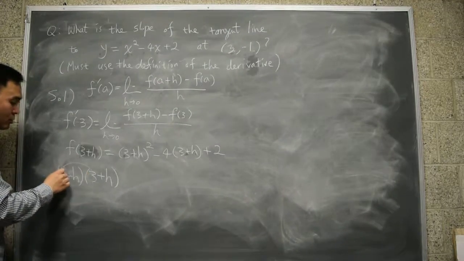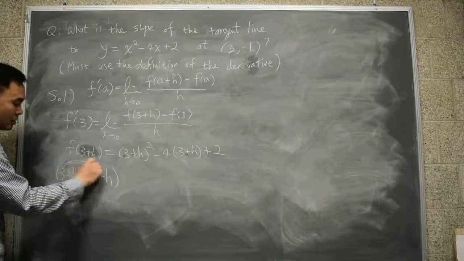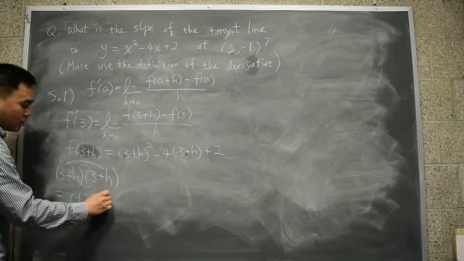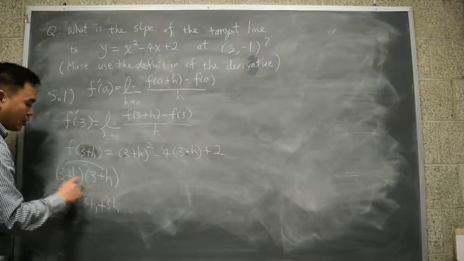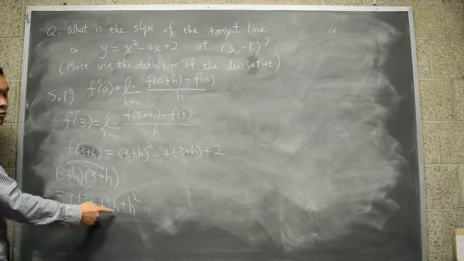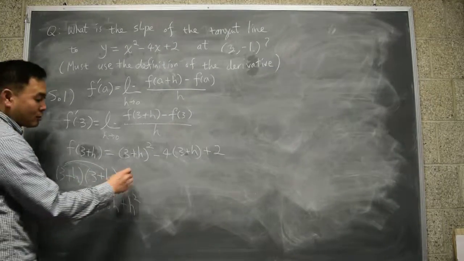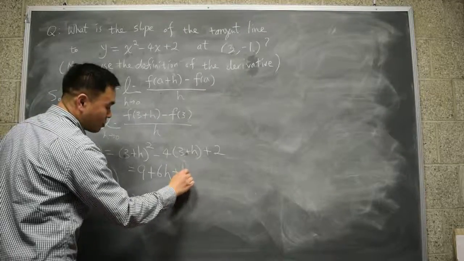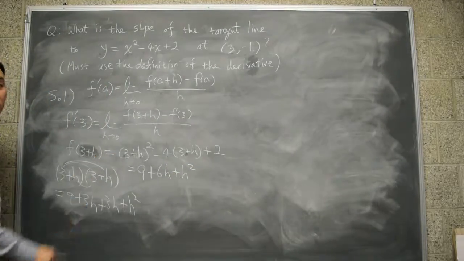So if you FOIL, 3 times 3 is 9, 3h outer, 3h inner, h times h, that's last, is h squared. And since 3h and 3h are like terms, if you add them, you get 6h. So you get 9 plus 6h plus h squared from the first squared.